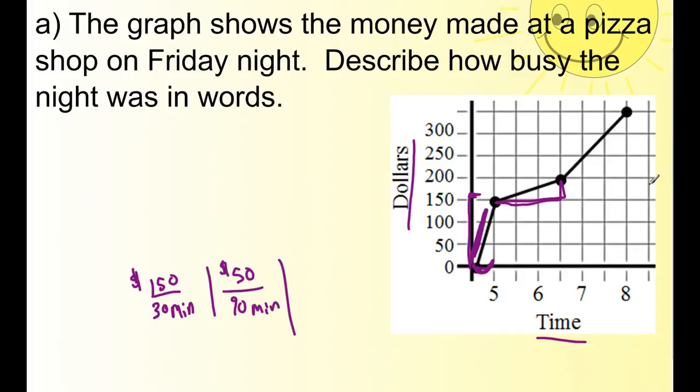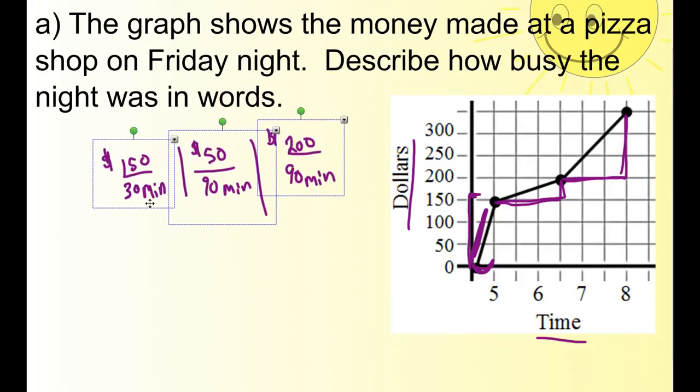And then in this last time span, between 6:30 and 8 o'clock, which is another 90 minutes, they made $5,200 in 90 minutes.